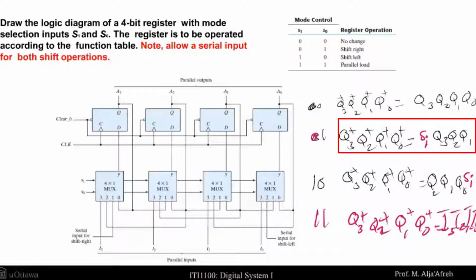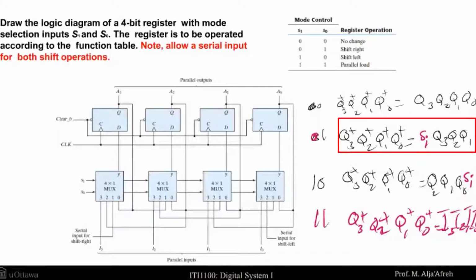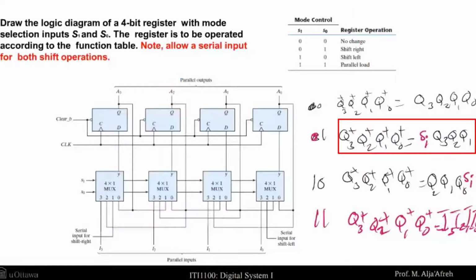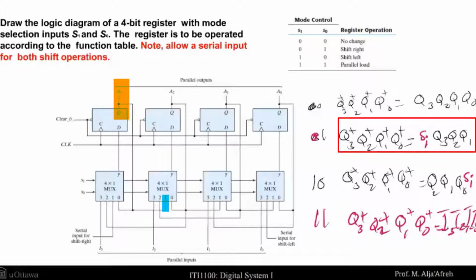Look what we are doing. We are taking the output from this flip-flop to become the input here. That's giving me A1 or Q1. Can you see that? Now for this multiplexer at 1, we're going to take the input from the third flip-flop, and for this one we're going to take it from the fourth.